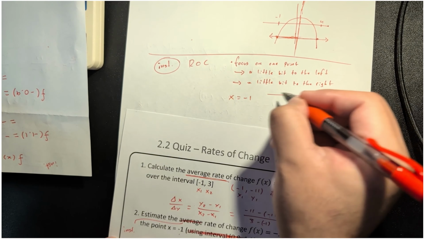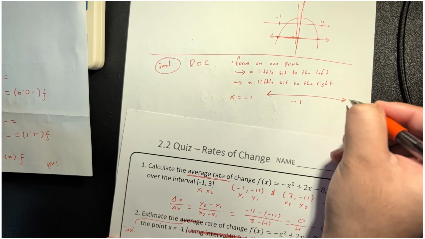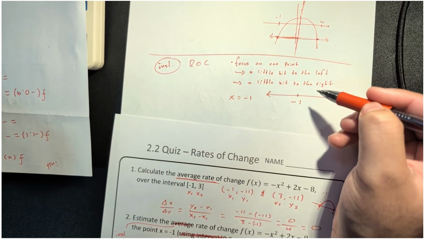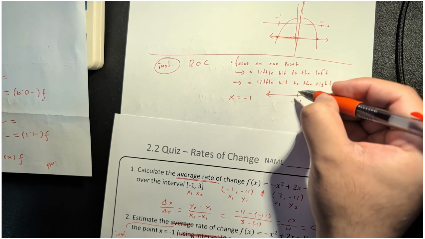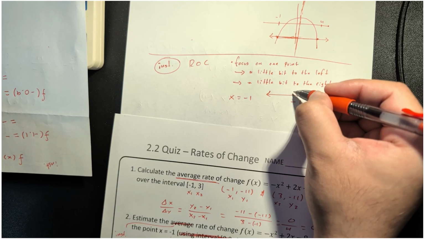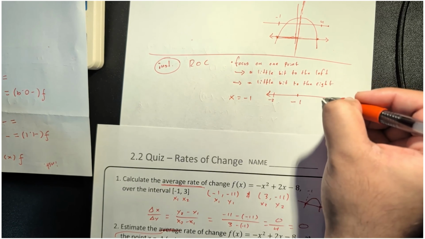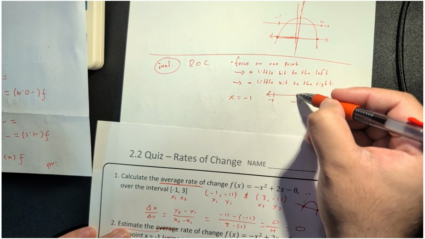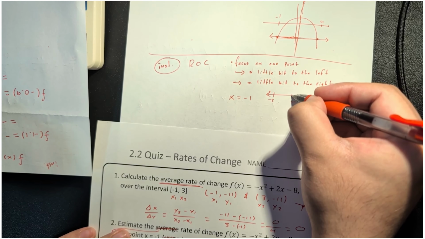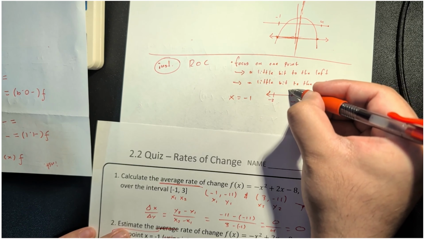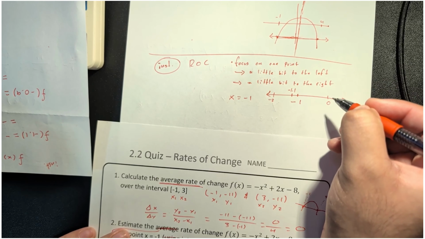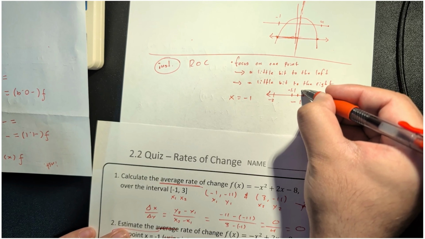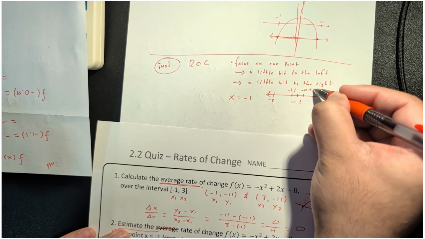So I'm looking at negative 1/2. Let's plot it on our x-axis. So this is negative 1/2. This is going to be negative 2, and then over here we're going to have 0. If I want to go a little bit to the left, I'm going to pick the point negative 1.1. And if I go a little bit to the right, I'm going to pick the point negative 0.9.